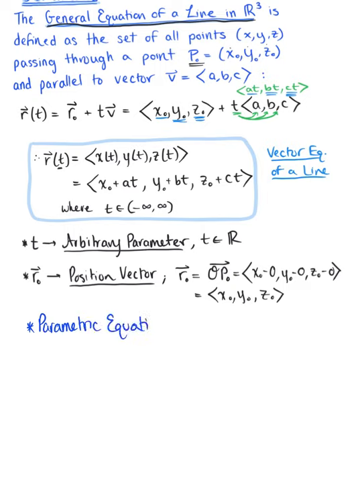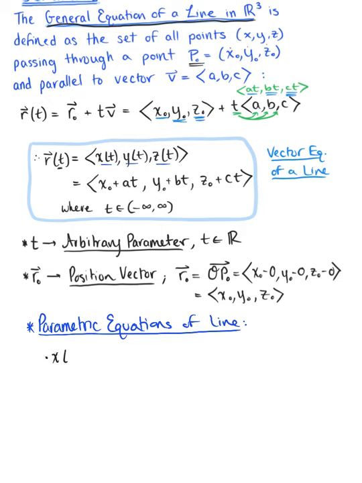The parametric equations of the line are the individual components of the vector equation. Looking above, notice that your vector equation of the line has three components, x of t, y of t, z of t.